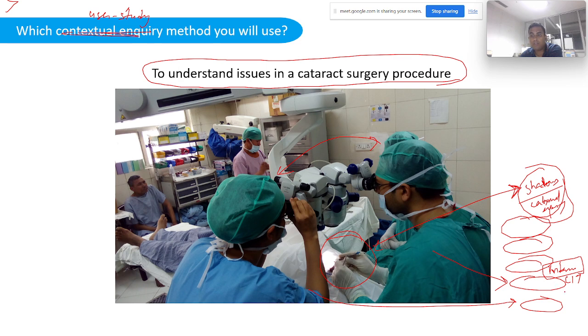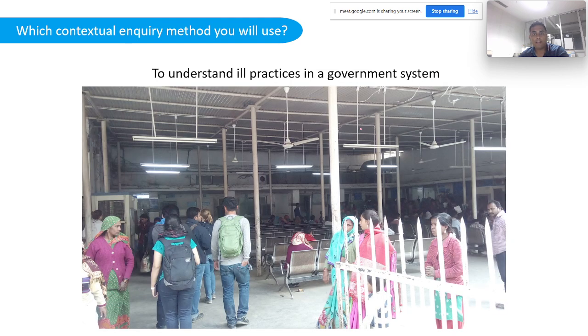So all that information you first collect individually, then you do a focus group if required, where you include multiple stakeholders including a patient, a doctor, a nurse, and then you try to understand what are the issues they face, and if there is common understanding, then you can arrive at a conclusive remark on particular usability issues. Okay, so that's it.